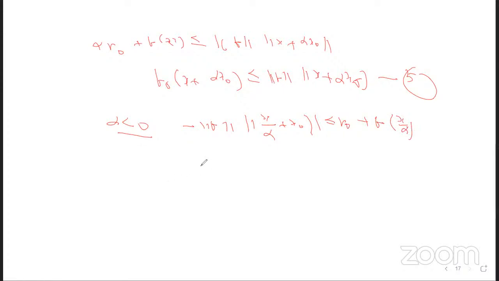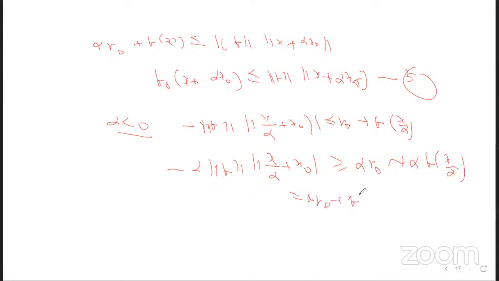So alpha less than 0, it follows again minus alpha, norm of f, norm of x by alpha plus x naught is greater than or equal to alpha r naught plus alpha f of x by alpha, that equals r naught plus f of x, that equals f naught x plus alpha x naught.